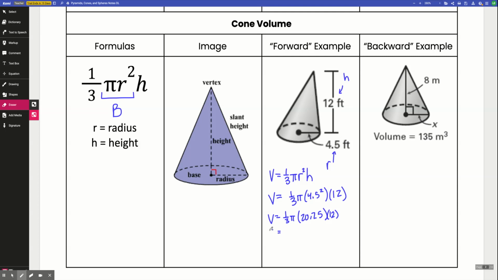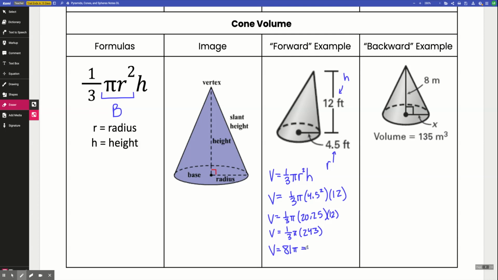Okay, so because the numbers are really close together, I'm going to do 20.25 times 12 first. So I have 1/3 pi, and then 243 is that product, 20.25 times 12. So then once I get here, I'm going to do 243 divided by 3, because that's what this 1/3 does. So I end up with volume equals 81 pi.